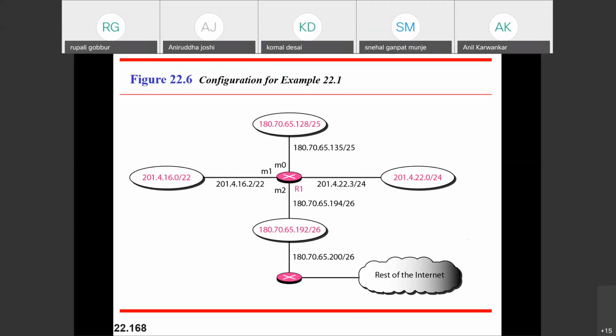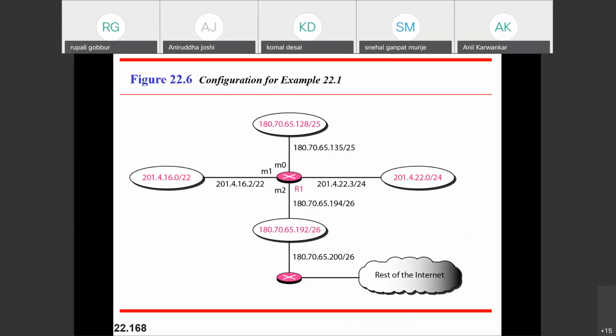These are four different networks having different ranges of IP addresses, which are connected to router 1. The meaning of this is that four different networks are connected to router 1.